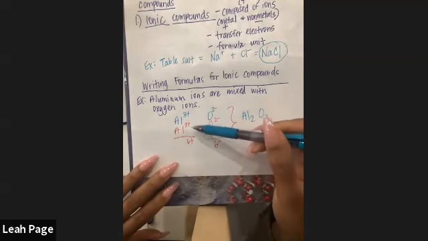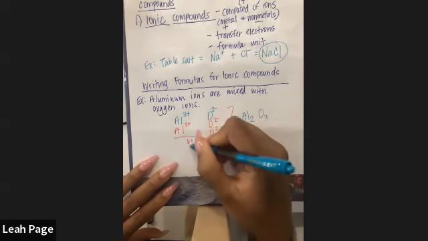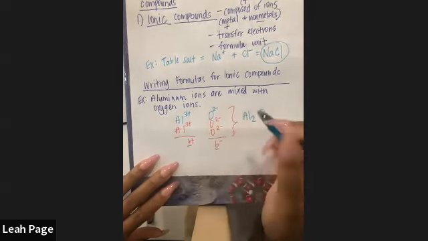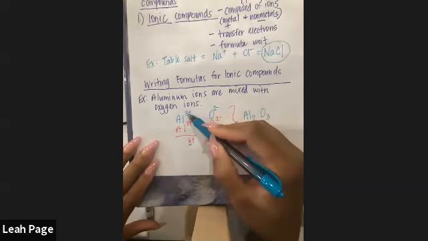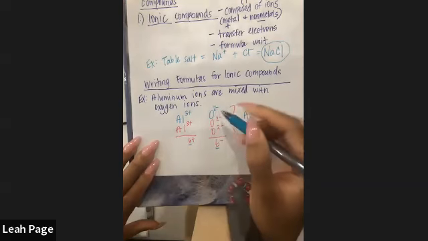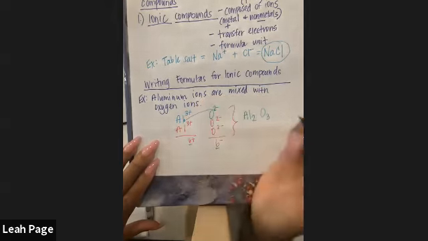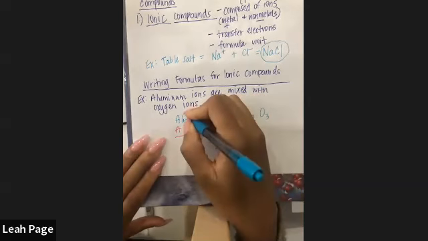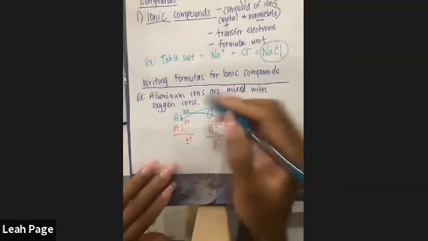So overall, we want the charge to equal 0. So I have to figure out a way for them to have a common number, and their common number is going to be 6. And an easier way for me to look at that is just saying, okay, I see that there's a 3 right here, there's a 2 right here. If I switch them and put the 2 for the aluminum as a subscript and the 3 for the oxygen as a subscript, I don't bring the charge.